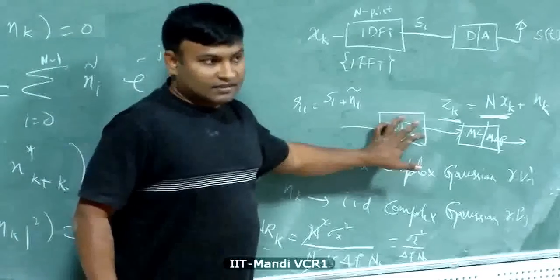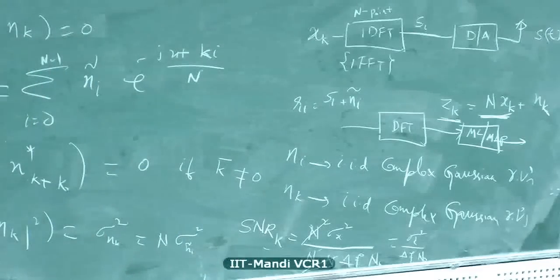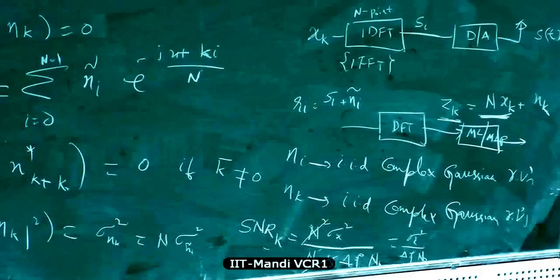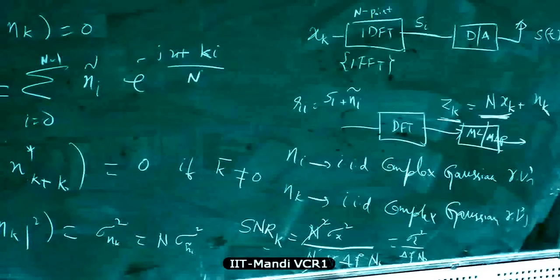We'll have to show that in detail. For a unity channel, things are simpler, but when there is a multipath channel, things will get a little more complicated. Nevertheless, the cyclic prefix is a big boon because you can still use the entire framework.